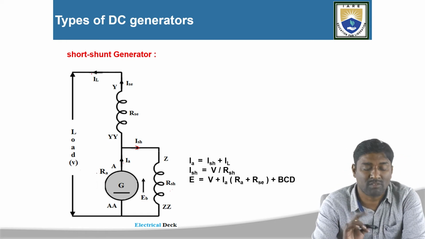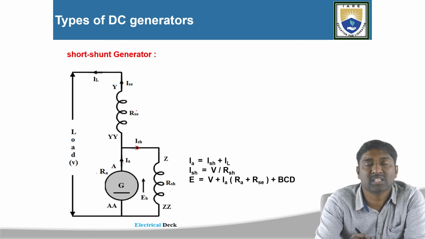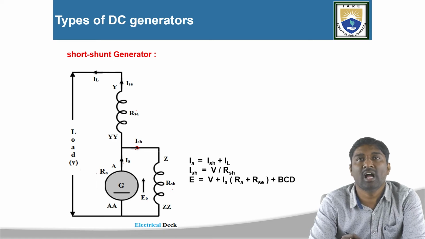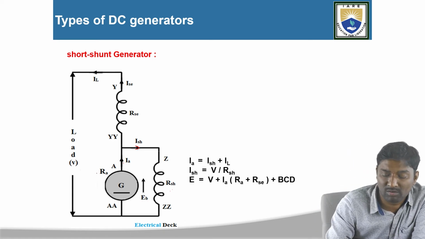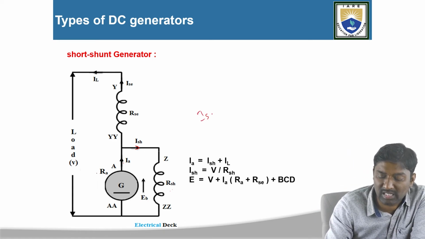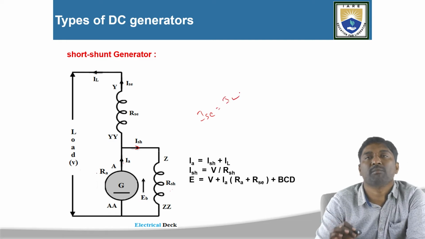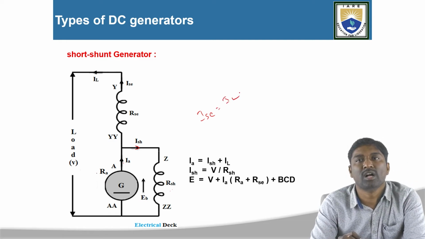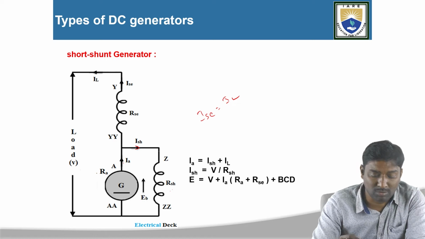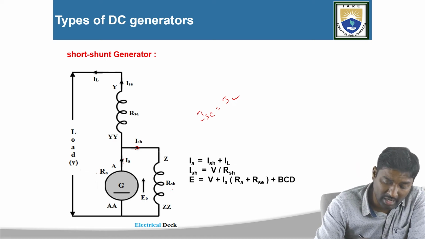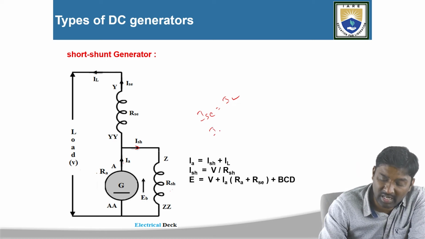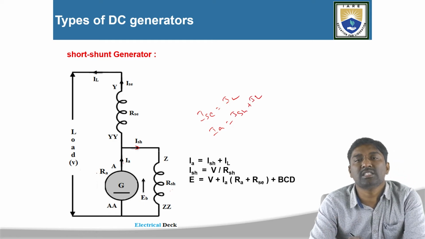Here you can observe one thing: the load and the series field winding are connected in series. So then what do you get now? ISC is equal to IL. Now can I write IA is equal to ISH plus IL? According to what? KCL.